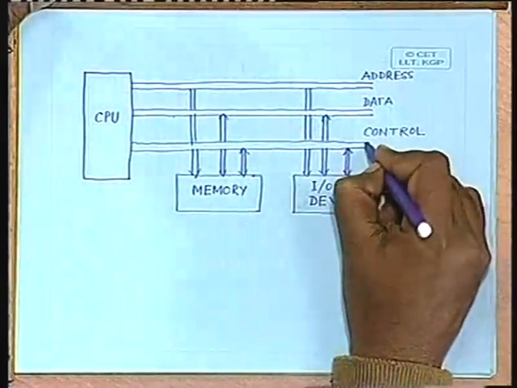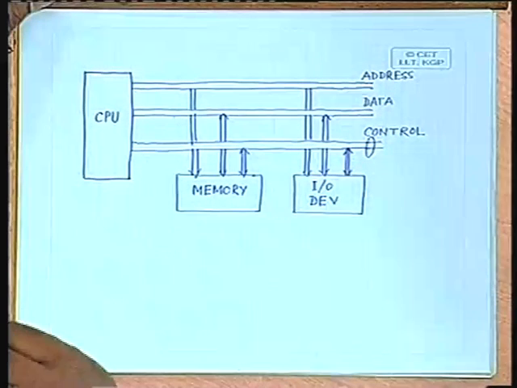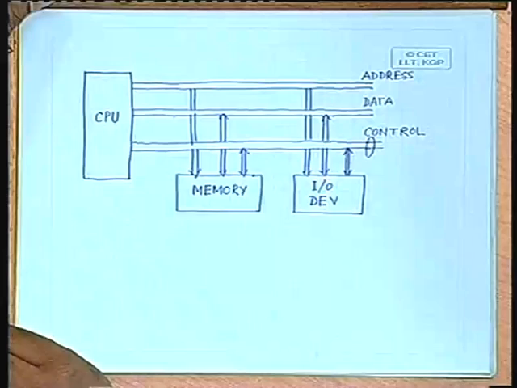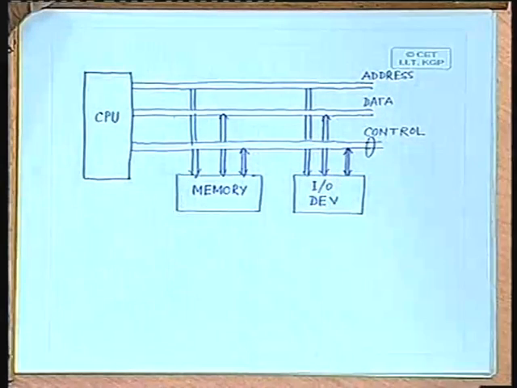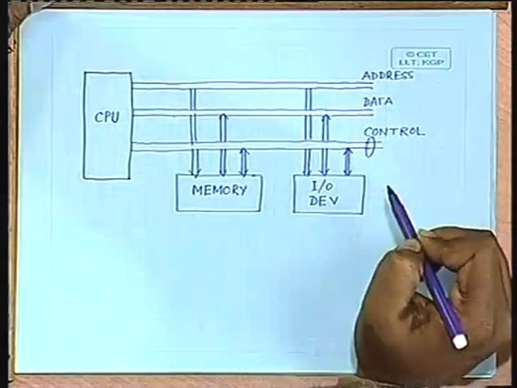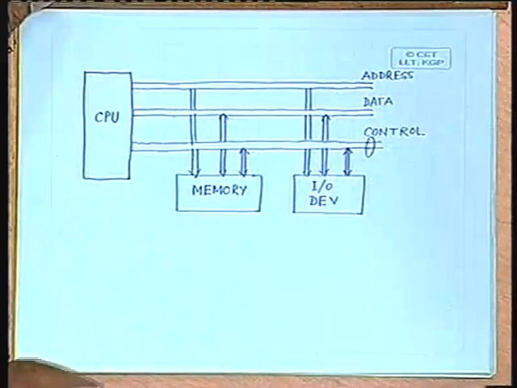Now, coming to these control lines, what are the control lines that we would like to have in case of the CPU? Control lines which are to be generated by the CPU. You find that we have two basic operations to be performed. There are other operations as well, we will come to all of them in our subsequent lectures, but here let us see the two basic operations with the memory or with the I/O devices which are performed by the CPU.